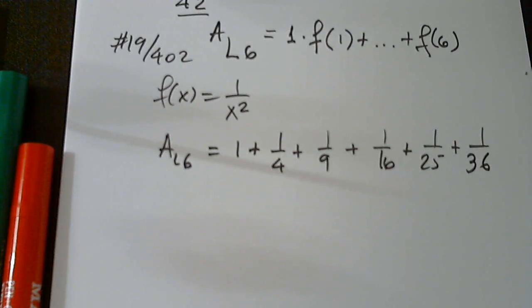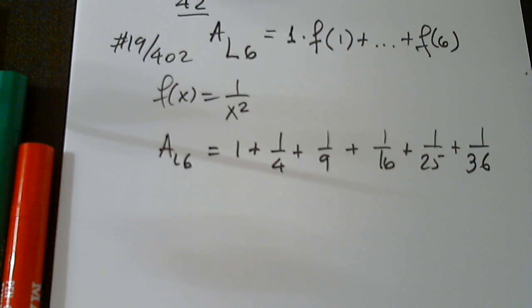Okay. So there is a very elegant way of doing this, but let's just do this for now. Plus 1 divided by 4 plus 1 divided by 9 plus 1 divided by 16 plus 1 divided by 25 and plus 1 divided by 36.